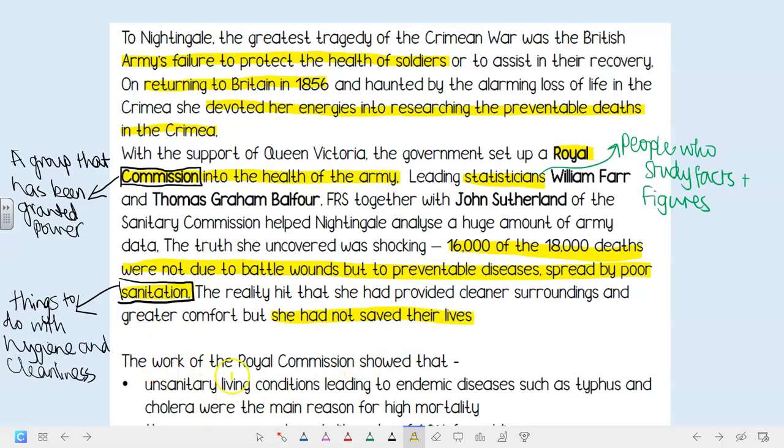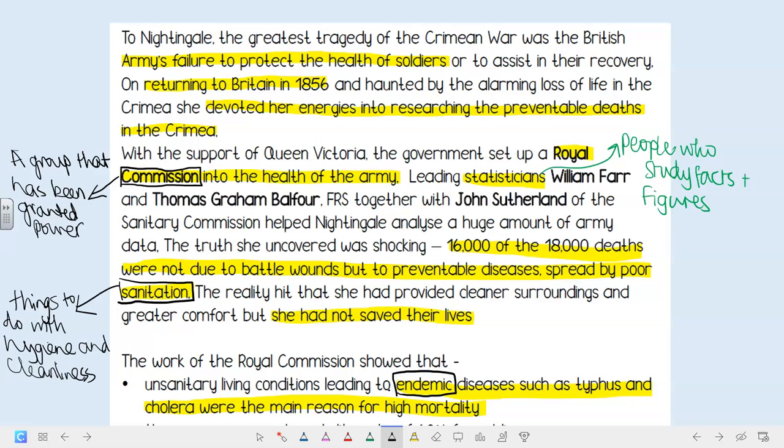The work of the Royal Commission showed that unsanitary living conditions leading to endemic diseases such as typhus and cholera were the main reason for high mortality. So this is basically saying that no matter what Florence Nightingale did, those unsanitary living conditions were causing soldiers to die. However, I've come across this word here, endemic.